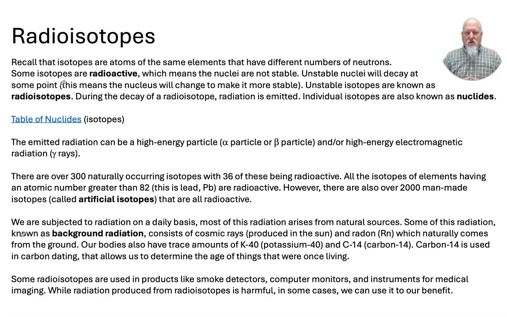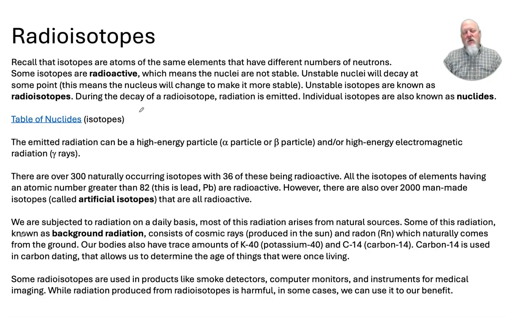So after a certain amount of time, and we'll talk about that in a little bit, the nucleus falls apart to try to make a more stable nucleus. And a lot of times that will make different atoms. But a lot of times it also involves the emission of smaller particles, alpha particles or beta particles, or just energy. And we'll talk about all that here in a second.